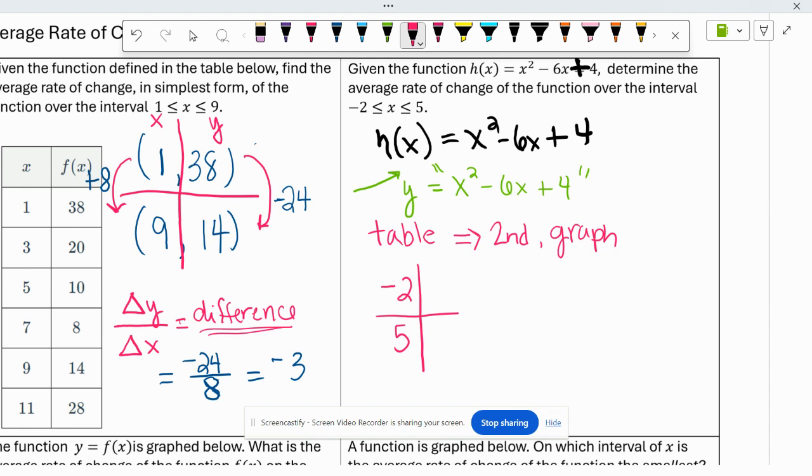Ashton, when x is -2, what is y? -20. Lorenzo, when x is 5, put your hand down, Ashton. When x is 5, what is y? -1. Do you all concur?